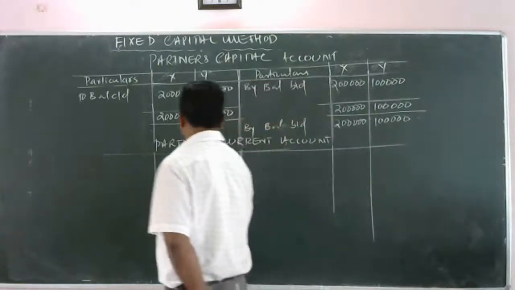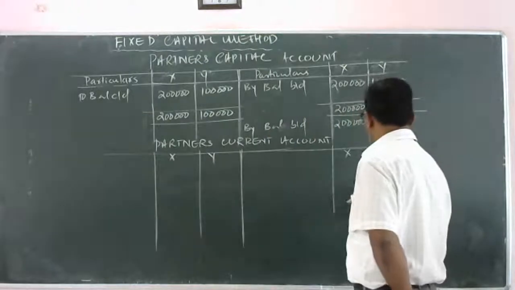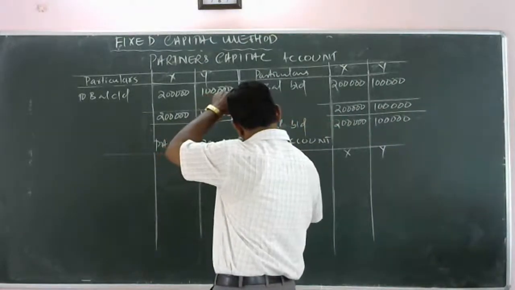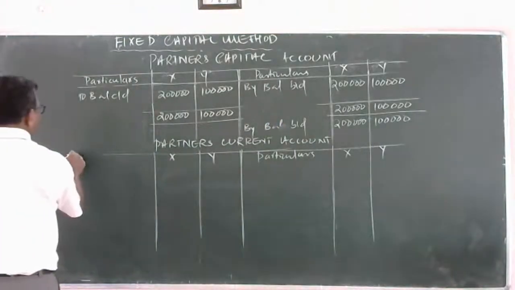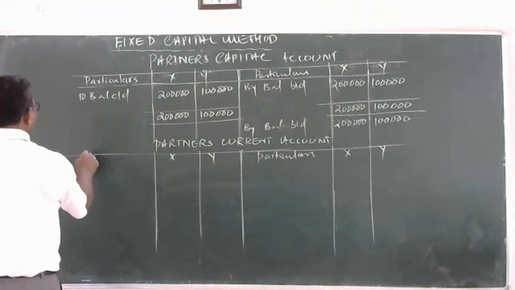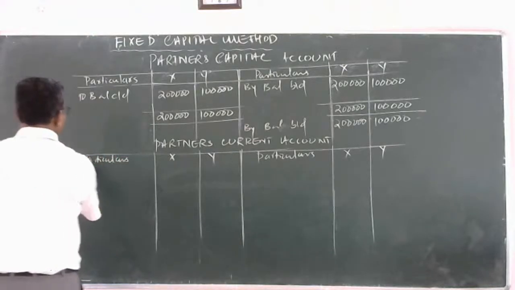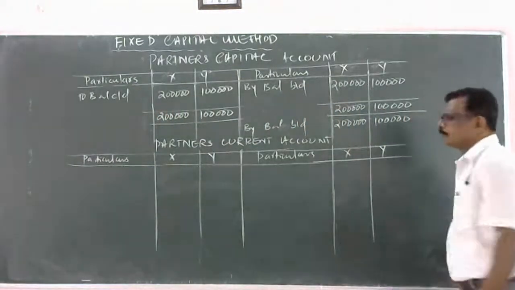All other adjustments are to be made in the partners current account. Other adjustments mean the interest on capital, salary, commission; all these adjustments are made in the partners current account.